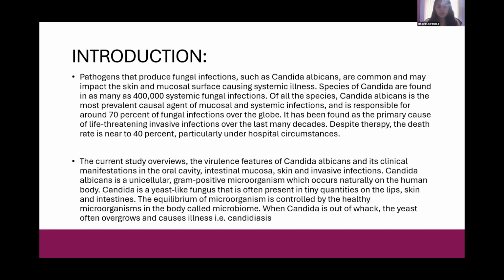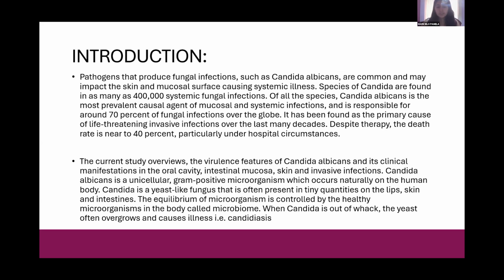Pathogens that produce fungal infection, such as Candida albicans, are common and may impact the skin and mucosal surface causing systemic infections. Of all the species, Candida albicans is the most prevalent causative agent of mucosal and systemic infections, and is responsible for around 30% of fungal infections.